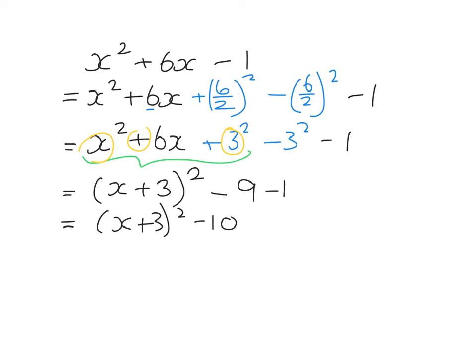Now to factorise it, we're going to do a little trick. We say we're going to square root that, and then we'll square it as well, which then allows us to do our difference of 2 squares.